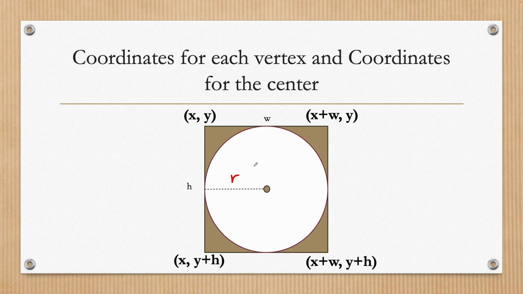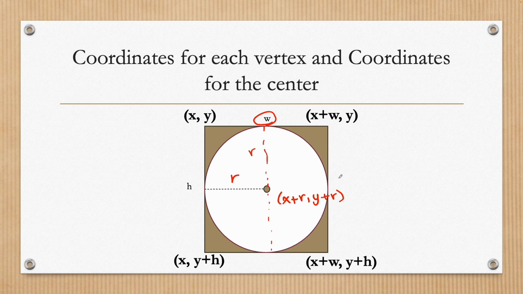So assuming that this is a circle, we're going to get a radius. The radius is equal to W divided by 2. And because we're assuming that this is a circle, W is also equal to H. So this value or this value will also equal r. Therefore, the center of the circle is at x plus r, comma y plus r.